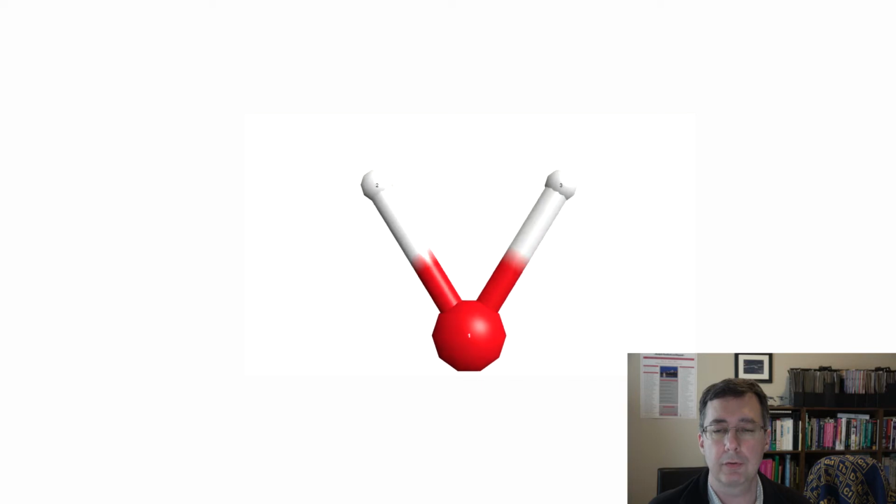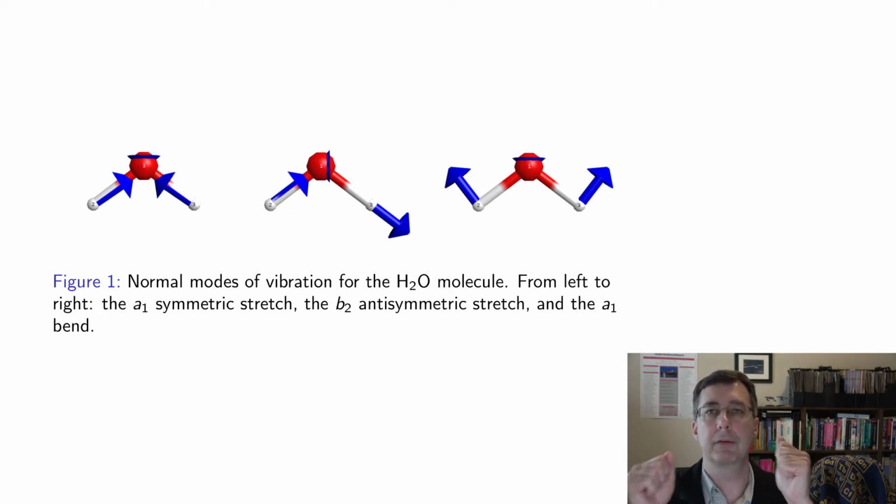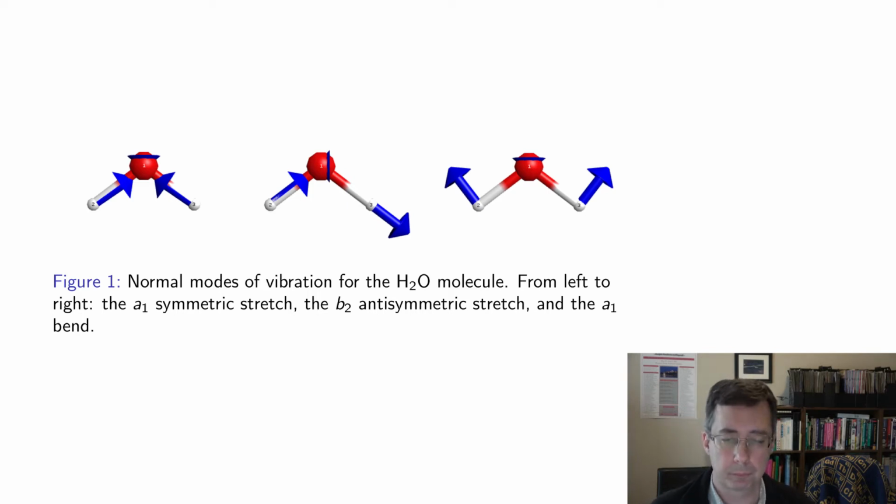Like the symmetric stretch, the bend keeps the molecule with the same symmetry. It still is the same on the left and the right. It's still the same in front of the plane of the page or behind. Whereas the anti-symmetric stretch motion broke the left-right symmetry of the molecule.